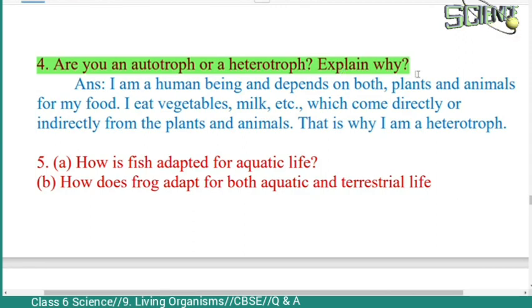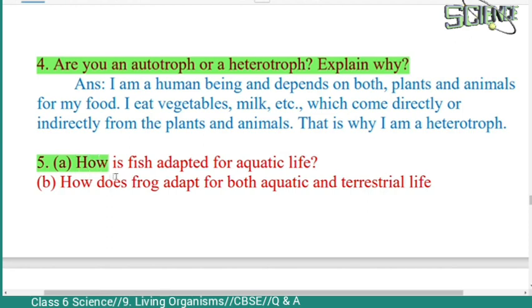I eat vegetables, milk, etc., which come directly or indirectly from the plants and animals. That is why I am a heterotroph.